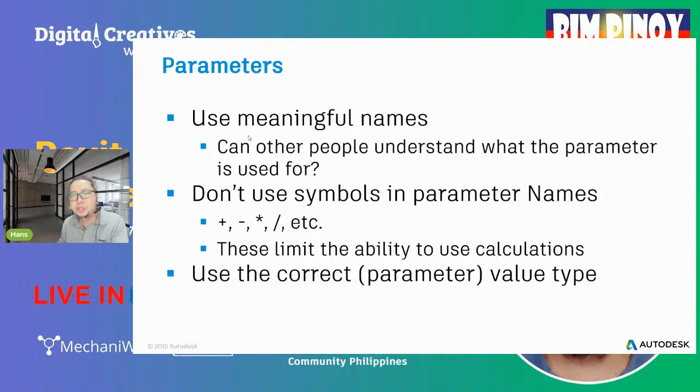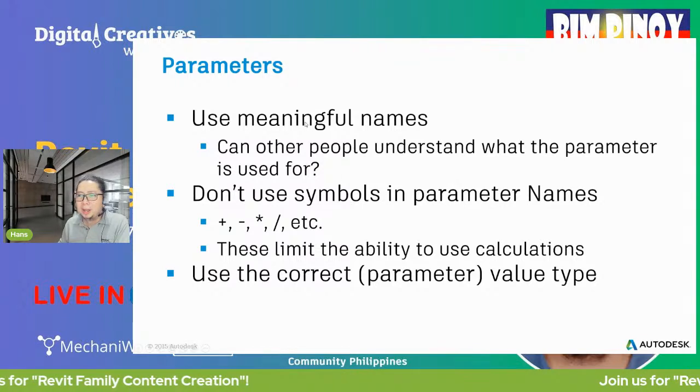So when the user or other users can access that file or that particular family, it will be easier for them to understand what it is, especially if you're using some parameters. For example, for length, just put length or L, or for width, just put W. Don't put any numbers, one, two, three, or anything on your keyboard that doesn't have a meaning at all, that only you can understand.